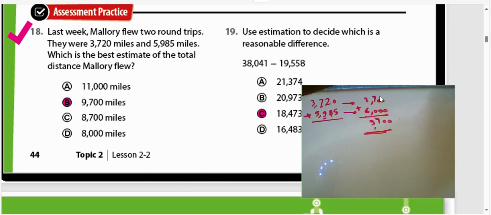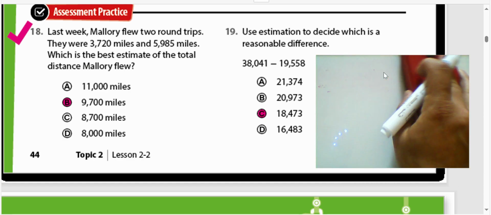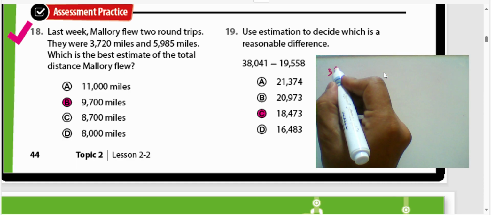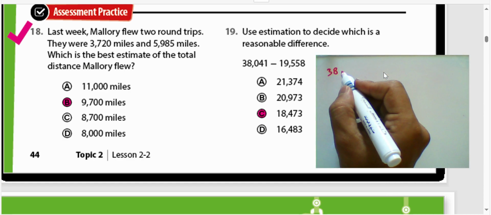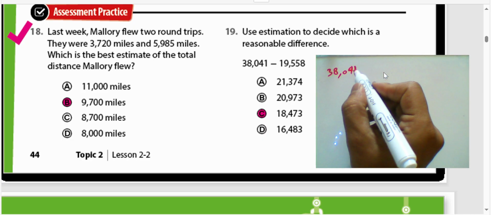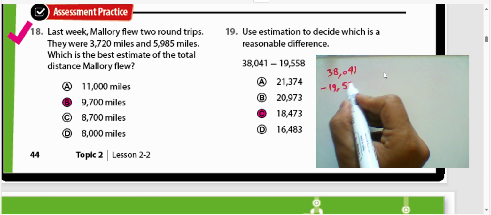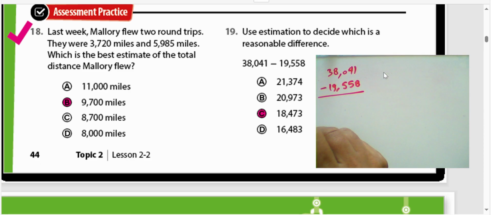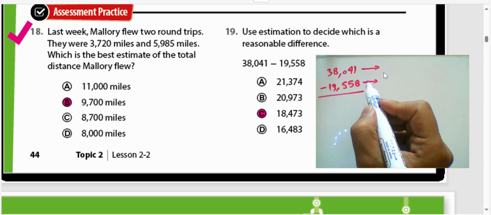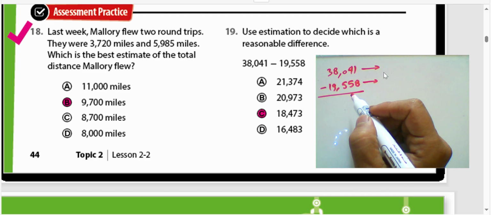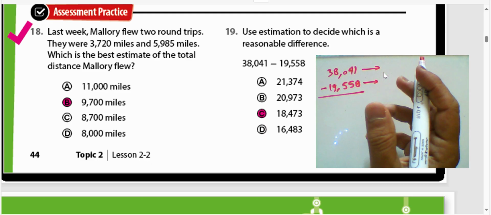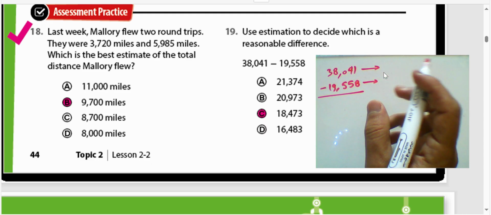And also estimation, decide which is the principal difference. We have 38,041 subtract by 19,558. Okay, we can approximate, find the difference between two numbers. You want to find what? The actual number.